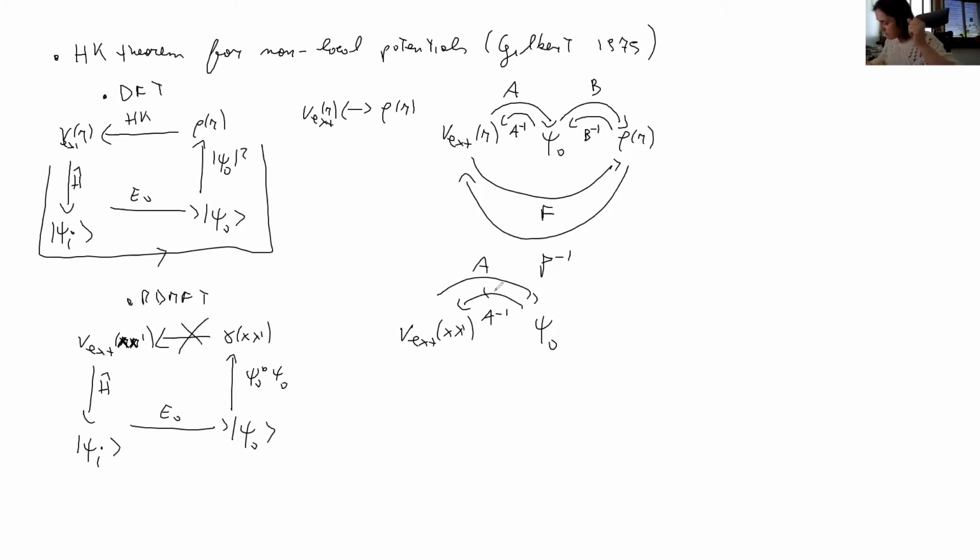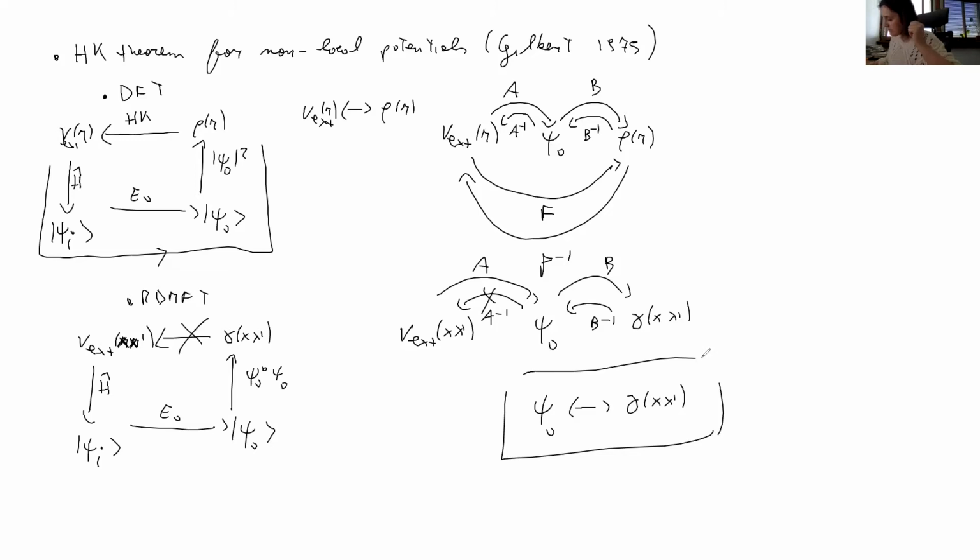But he managed to demonstrate that there is a one-to-one mapping between the ground state wave function of your system and the density matrix. And this is enough to set up a one-RDM functional theory. So let's go through this part of the demonstration then.